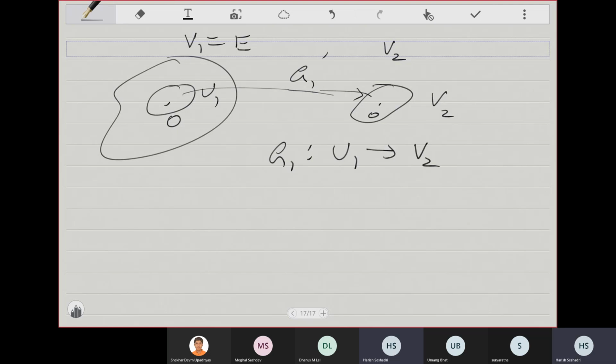The inverse function theorem just gives some open set V; I'll call that V2. That's going to be used for my next process. So G1 is 1-to-1, onto, and C1. And moreover, G1 inverse from V2 to U1 is also C1.